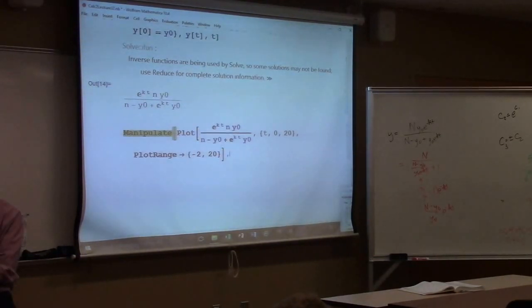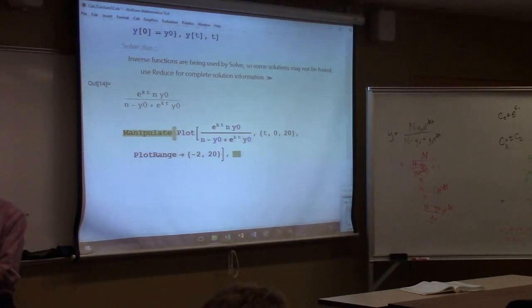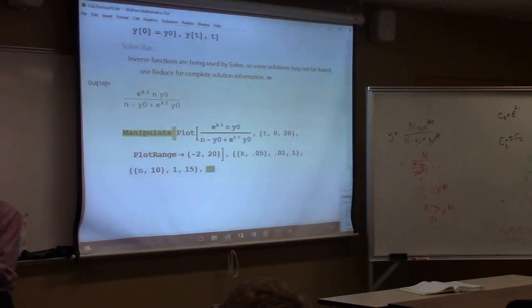In my Manipulate, I have three animation parameters: n, k, and y0. I'll start k at 0.05, let it go down to 0.01 and as high as 1. I'll start the carrying capacity n at 10, go as low as 1 and as high as 15. And the initial population y0, I'll start at 1 and let it go as low as 0.1 or as high as 20.